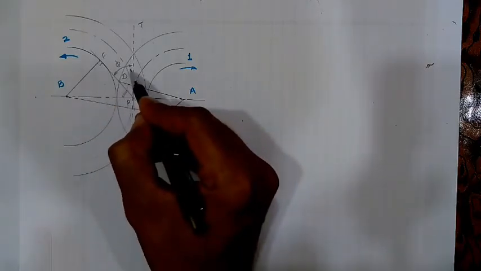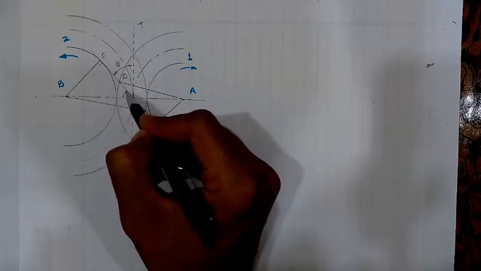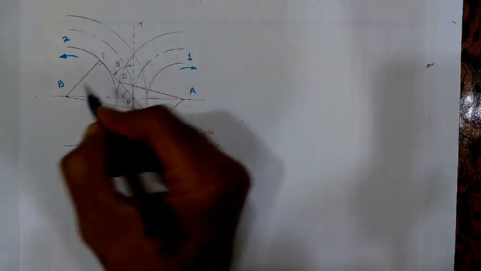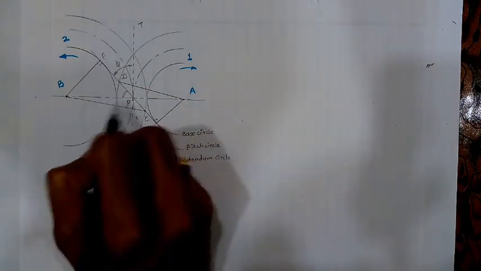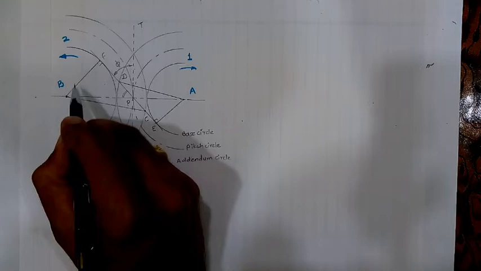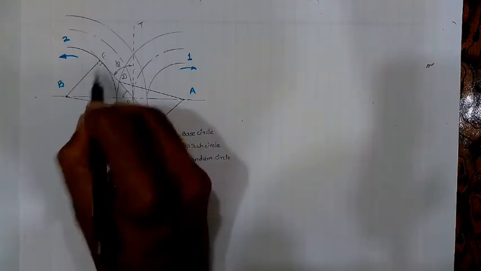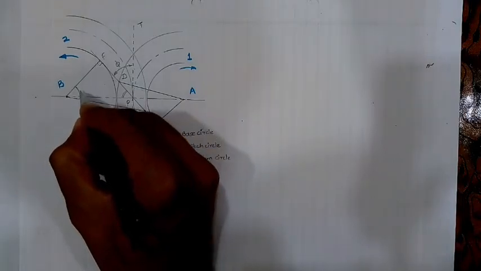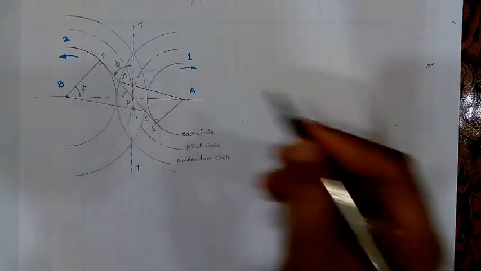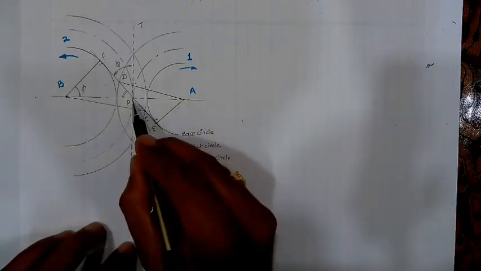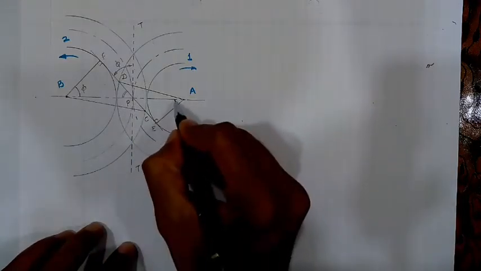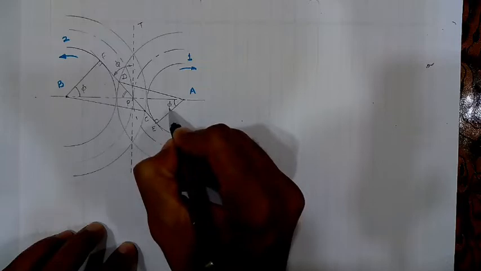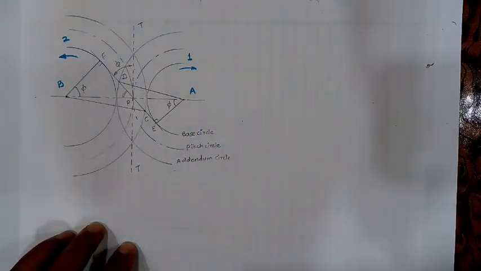The angle between EF and TT is phi, so hence the remaining angle will be 90 minus phi. So in triangle PBF, the angle PBF will be phi. Similarly, the angle PAE will be phi.